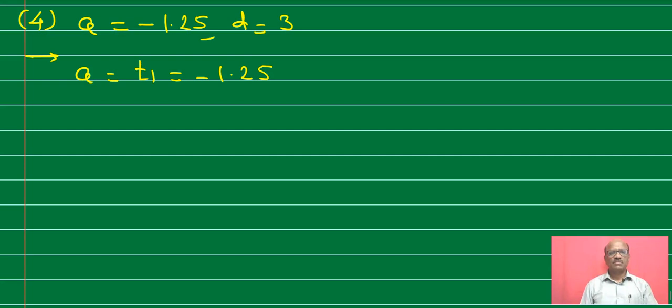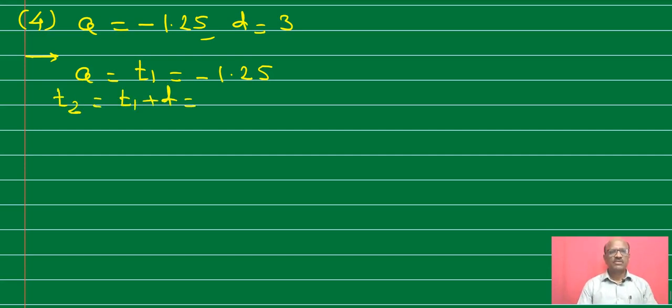Number 4. A is equal to minus 1.25, D is equal to 3. T1 is minus 1.25.